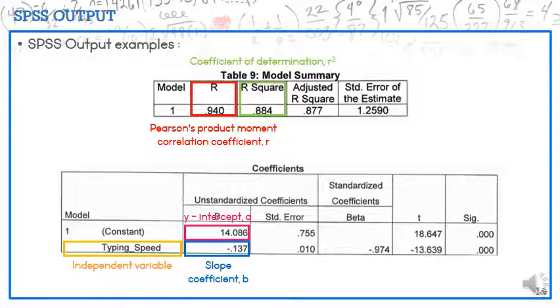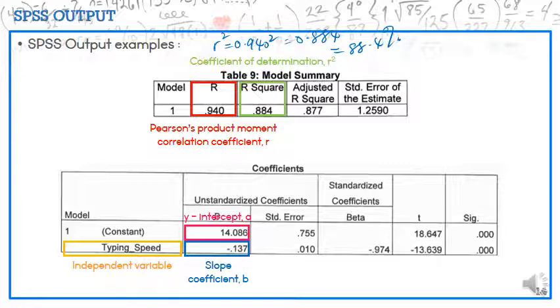Okay, so your R is 0.940. Thus you square it, so you get 0.884. And normally we explain it in percentage.